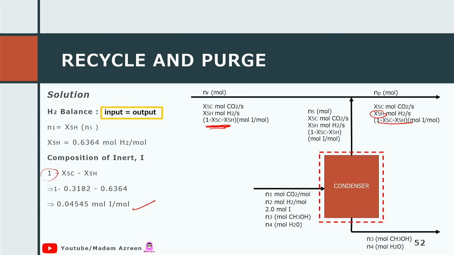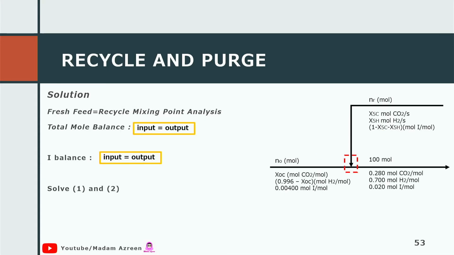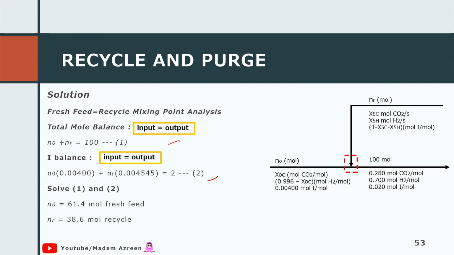The next one, you have to go to the recycle mixing point, whereby you can get the values of N1, N0, and Nr, by doing a total mole balance and an inert balance. From solving 1 and 2, you get the values of N0 and Nr.